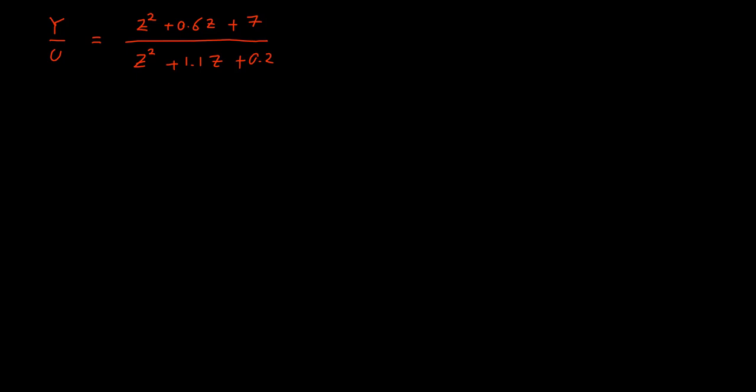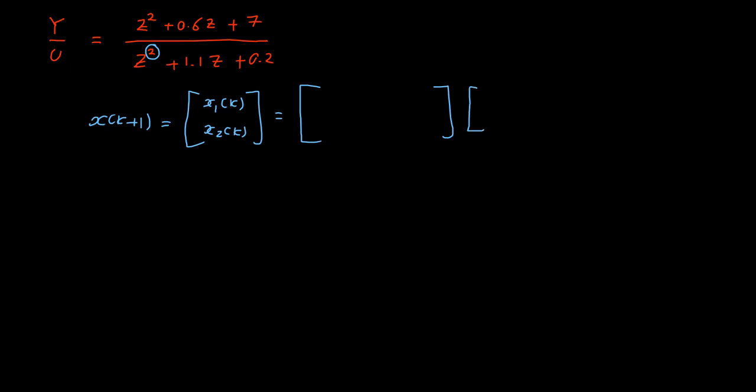So the first thing that I need is two state variables, because here the order is 2. So this means that x of k plus 1 will equal x1 of k, x2 of k. Now the input matrix.